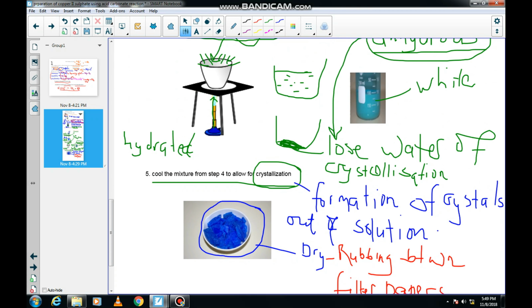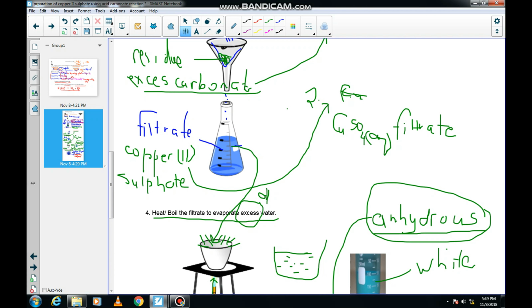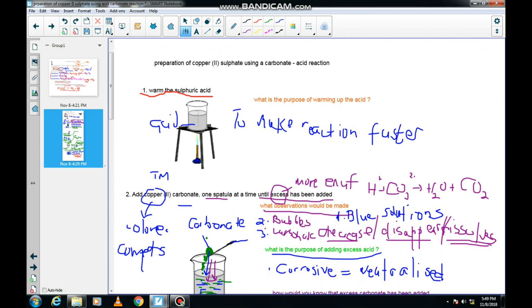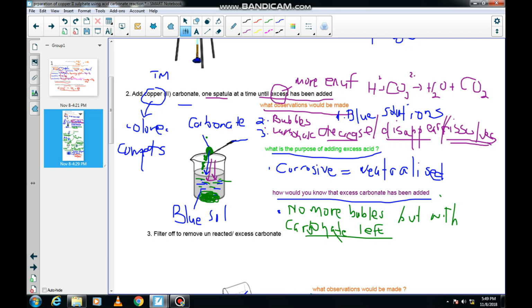So let's take a very quick recap of what we discussed in the preparation of the salt. Number one, we add excess carbonate to a warm acid so that the reaction will be fast, and we add excess carbonate so that we can dissolve all the corrosive acid.